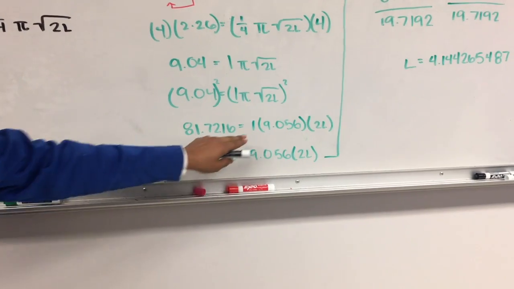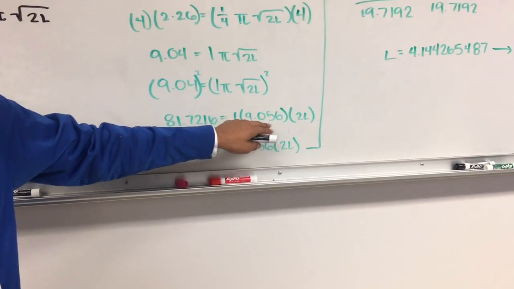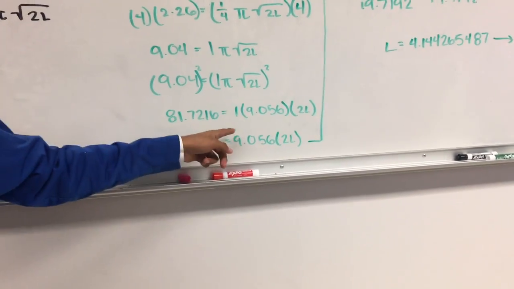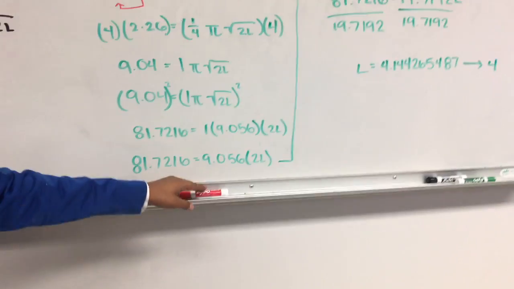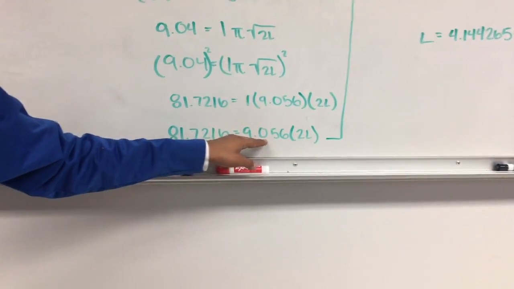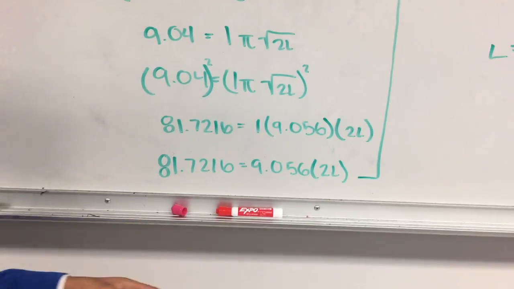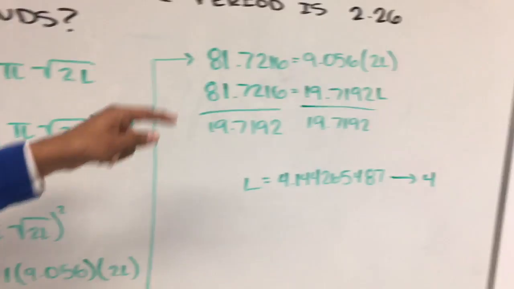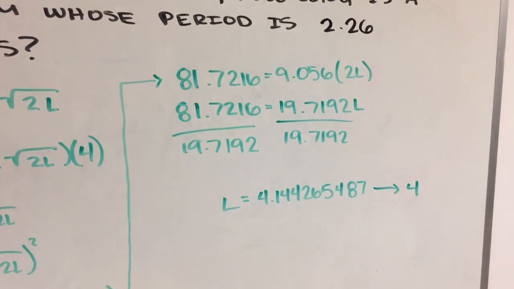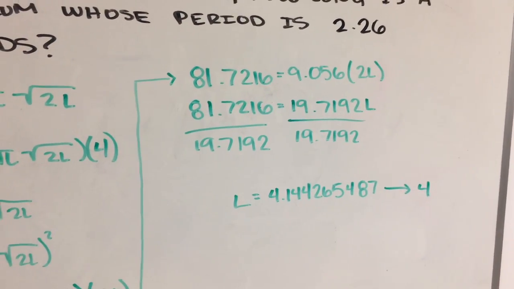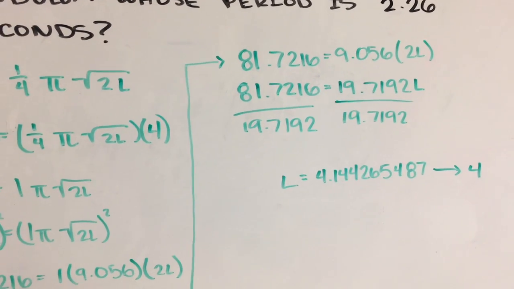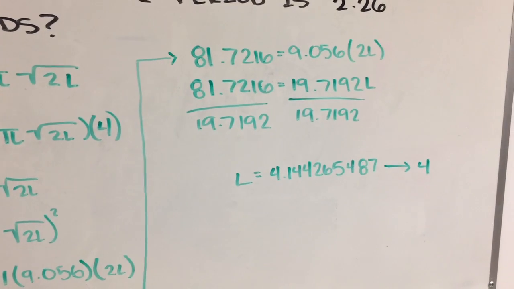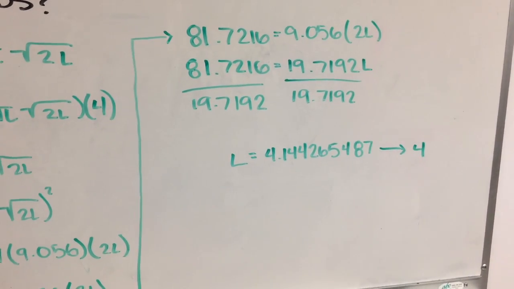And from there, we multiply 1 times 9.056 to get the same thing. Then we multiply 9.056 times 2L, and that's what we get up there, 19.792. And we divide that to the other side, and then we get L equals 4.14, and we estimate it to 4.